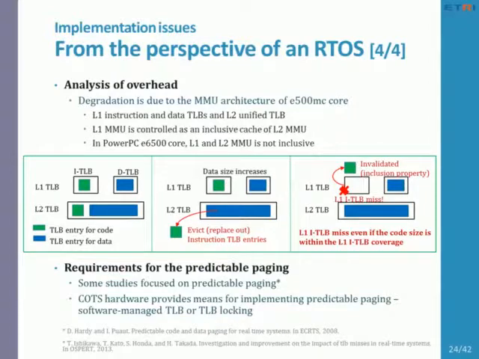There are some studies focused on predictable paging, or there are cores where hardware provides means for implementing predictable paging. But for now, we focus on the resource partitioning mechanisms, and we leave predictable paging as future work.